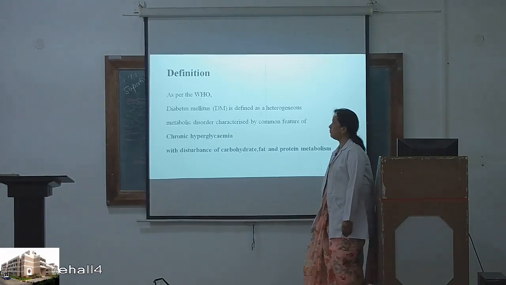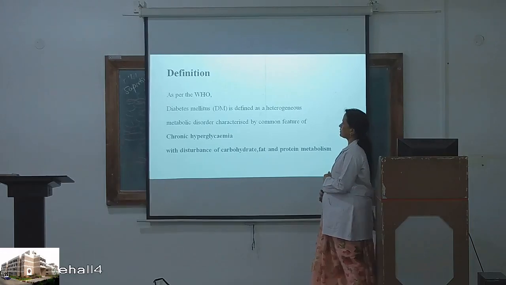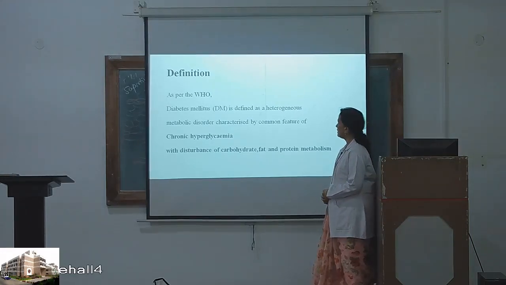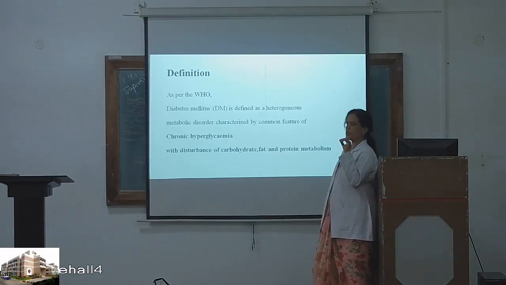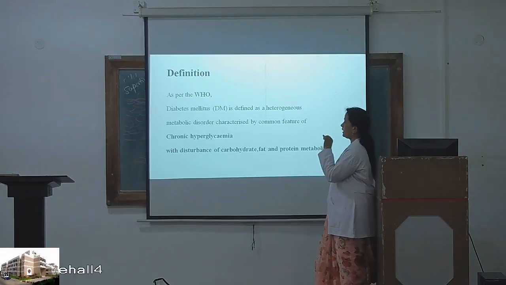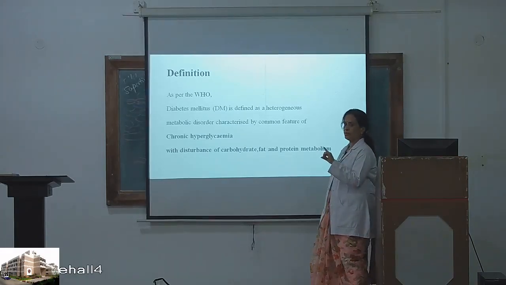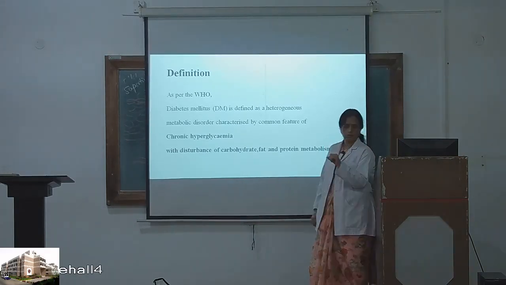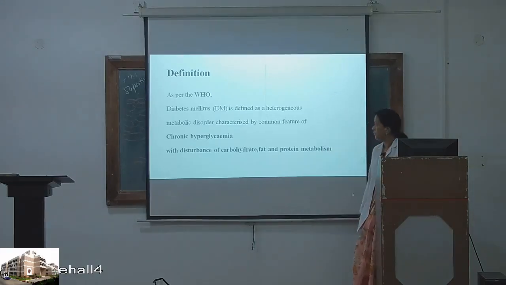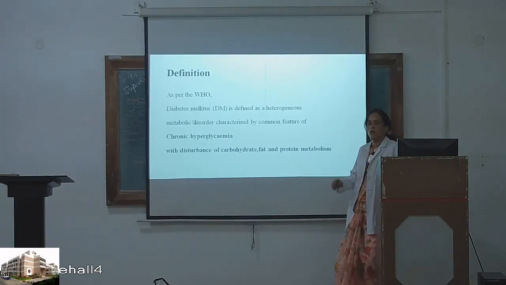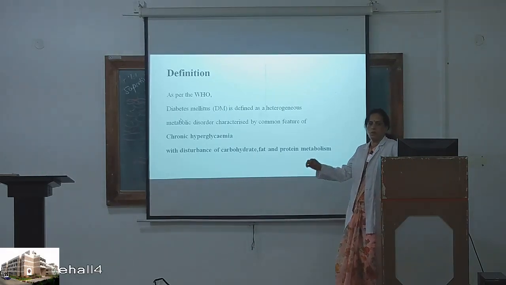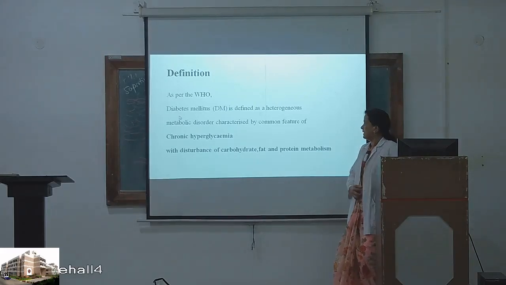As per WHO's definition, diabetes mellitus is defined as a heterogeneous metabolic disorder. Heterogeneous metabolic disorder. One important word here is metabolic disorder. So remember this. We call diabetes mellitus a non-communicable disease.